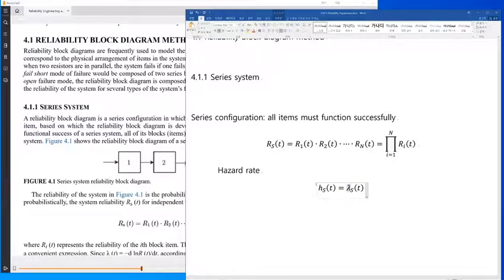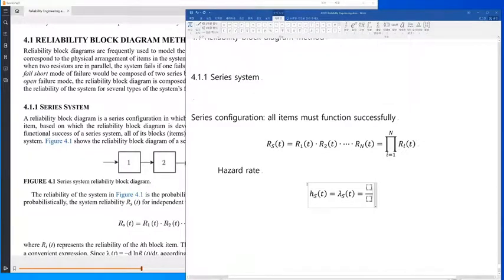So we are going to introduce this new parameter called lambda S, which is also intended to indicate the hazard rate. So how can you calculate the hazard rate?